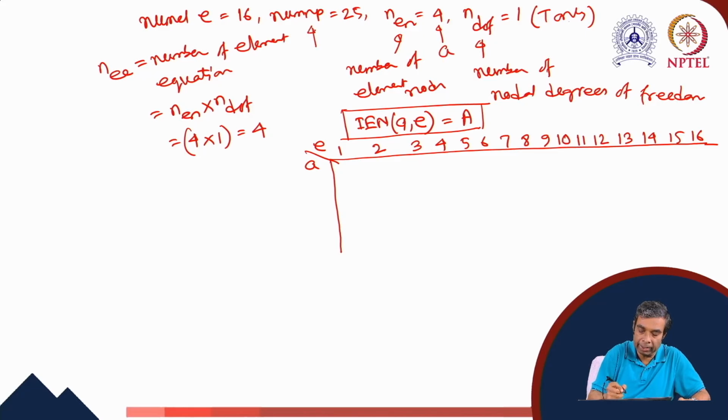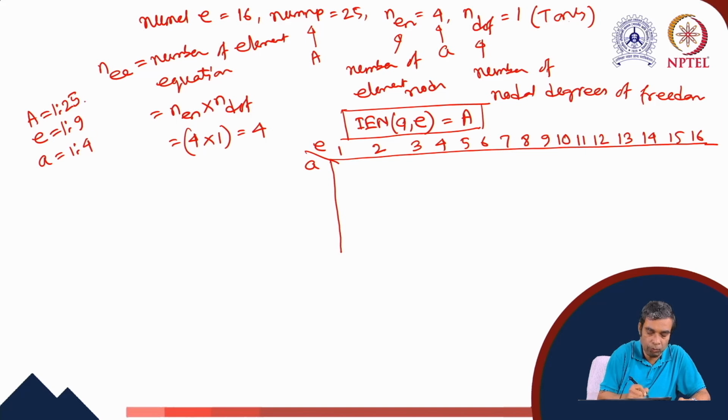The other index corresponds to the capital A things. So capital A varies from 1 to 25, E varies from 1 to 9, and small a varies from 1 to 4. These are the quantities.